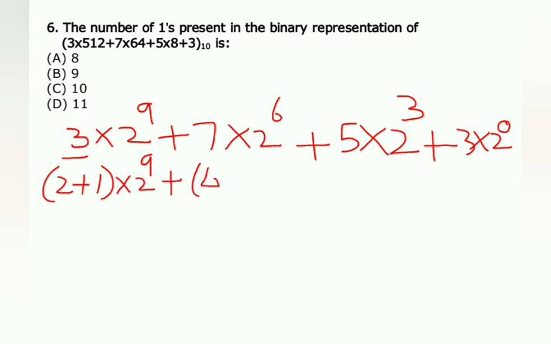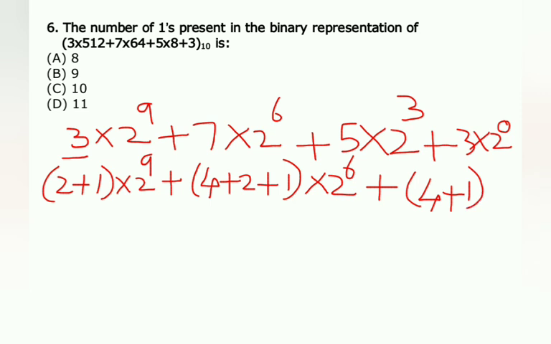We are writing the given values such that they can be easily expressed in powers of 2, into 2 power 6 plus 5 into 2 power 3. 5 can be written as 4 plus 1, so we can convert this 4 in the powers of 2, right? 4 plus 1 into 2 power 3 plus 3 into 2 power 0. 3 we can write as 2 plus 1, right? So 2 plus 1 into 2 power 0.